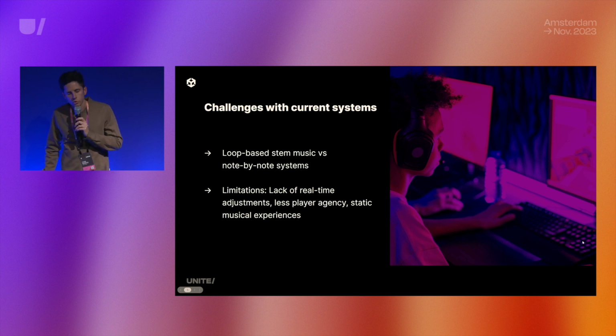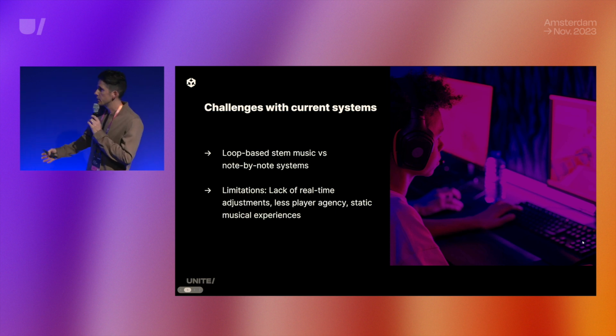Both the composer doesn't have agency over the music. They compose it and send it off. The player doesn't have real agency in the game either. They play the game along, but the music is often mismatched. But we're all conditioned to have mismatched music, so we don't care so much. And overall, it's a very static experience compared to the whole rest of the games today.